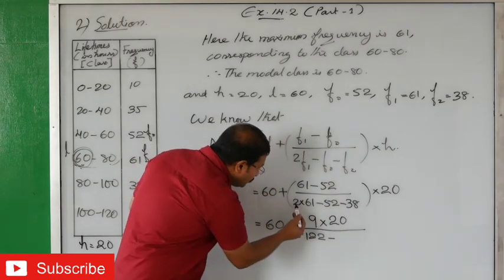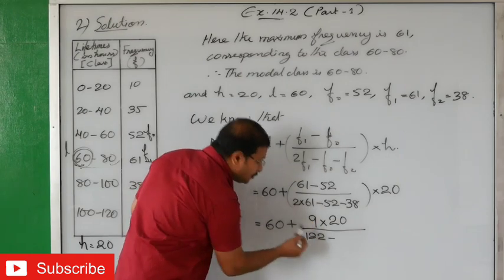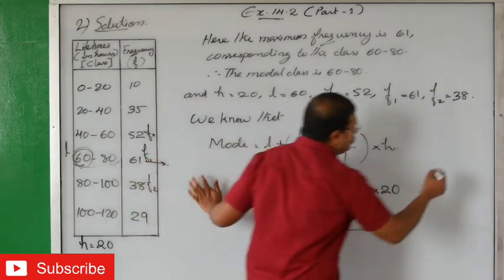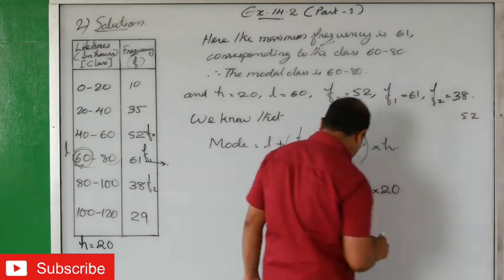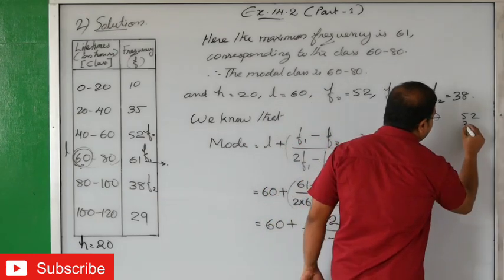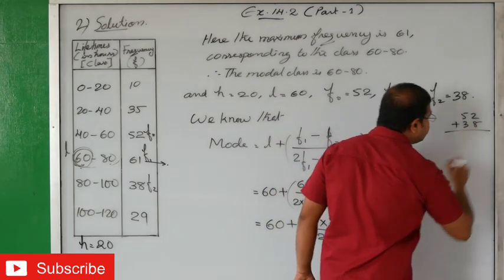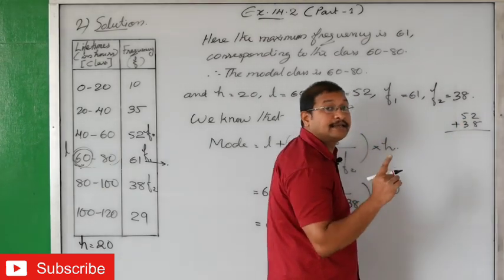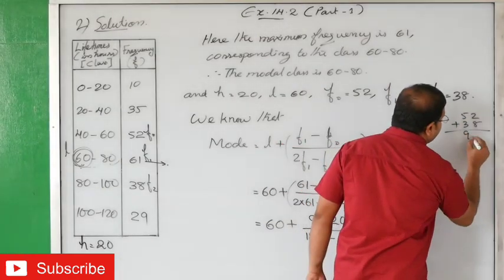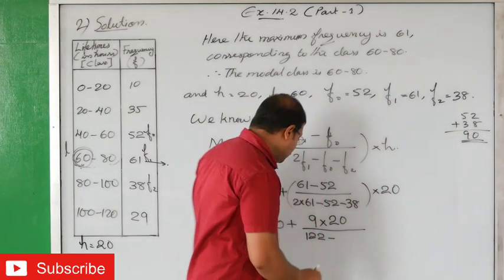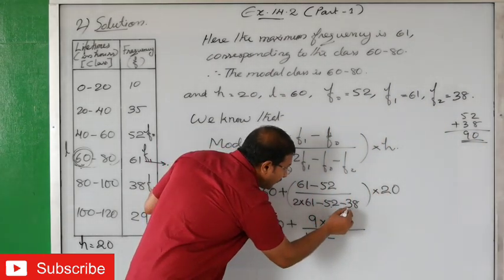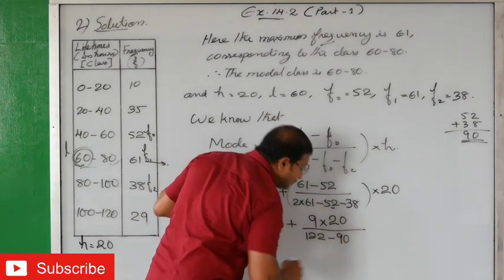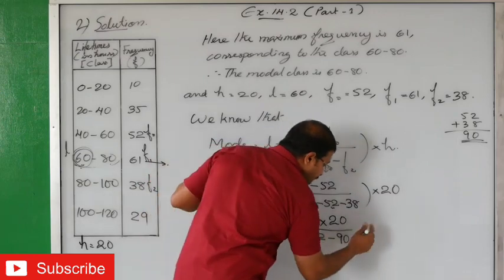Minus, now these two numbers are negative, 52 and 38, so these two will add. 52 plus 38, what will we get? Yes, 90. That means minus 90.